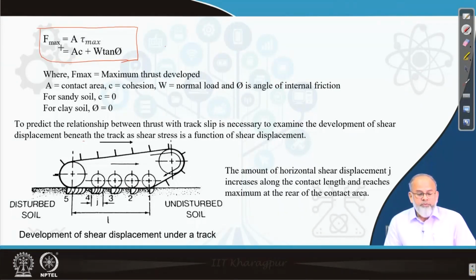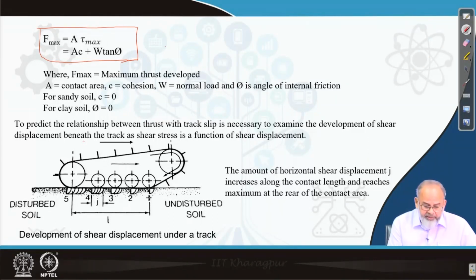So, to predict the relationship between thrust and track slip, we have to examine the development of shear displacement beneath the track. It is very simple, because shear stress is a function of shear displacement. So you have to find out the shear displacement at the contact patch.